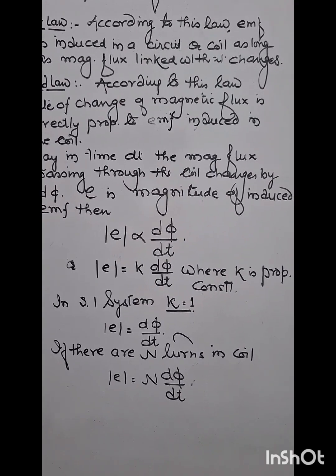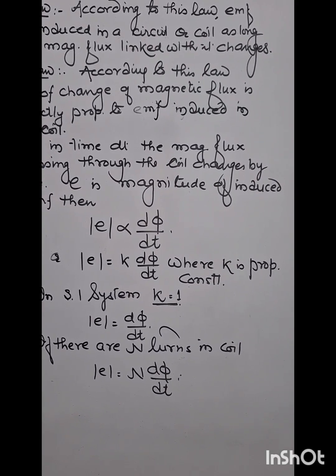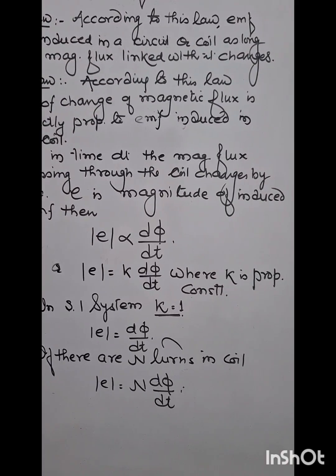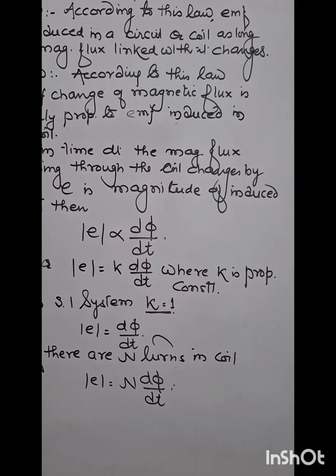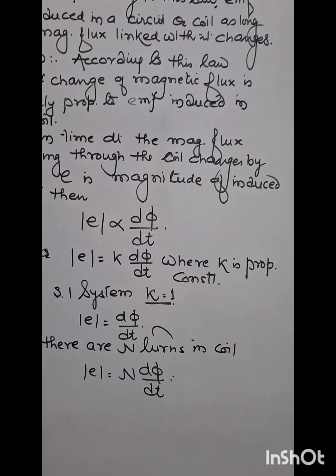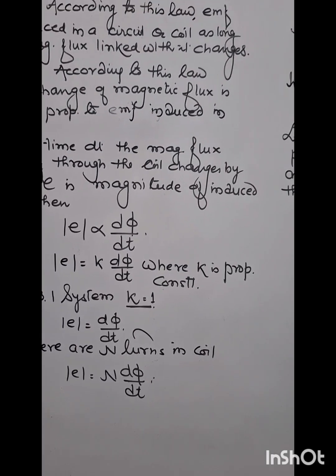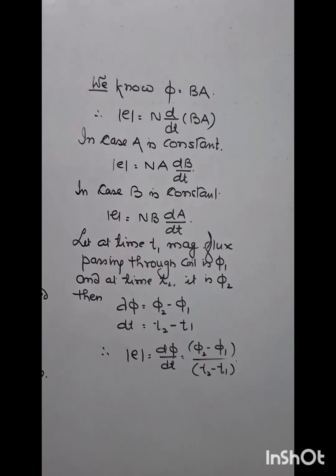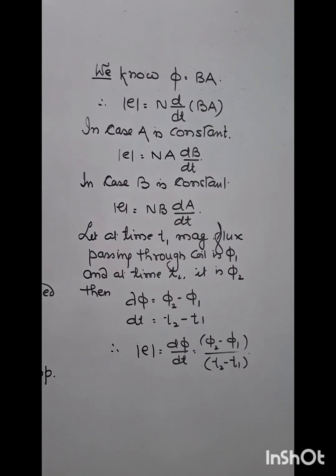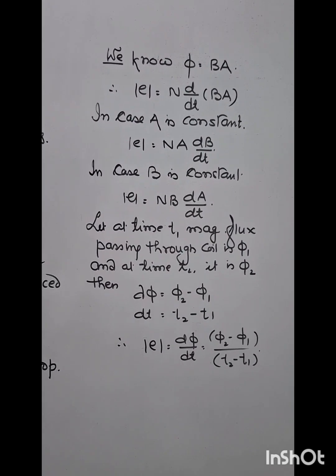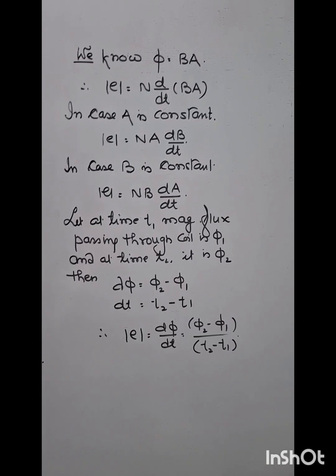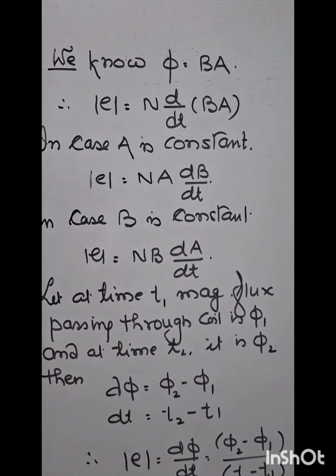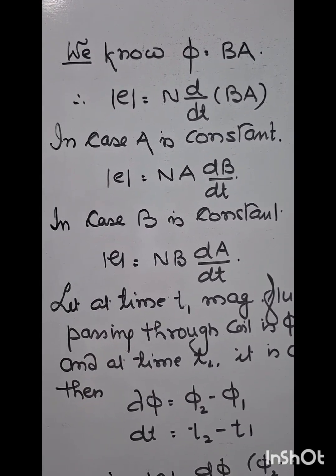If there are N turns in the coil, then induced EMF is given by N dφ/dt. Students, we know φ = BA. So we can write the magnitude of E = N d/dt (BA).